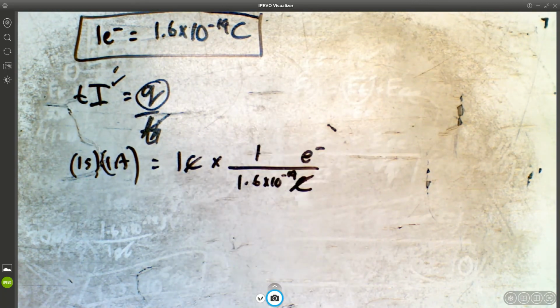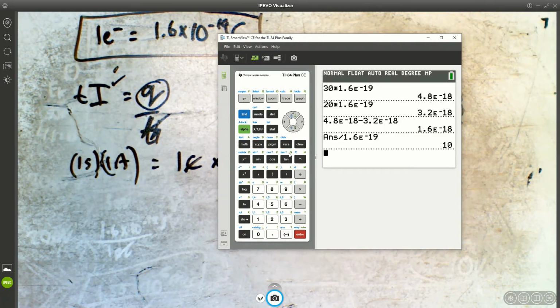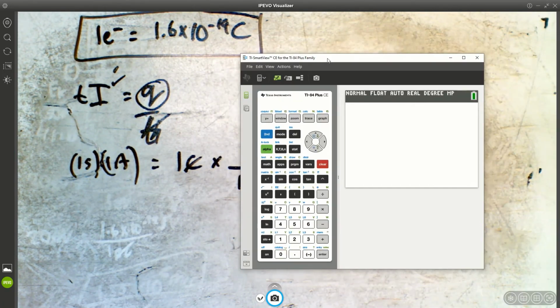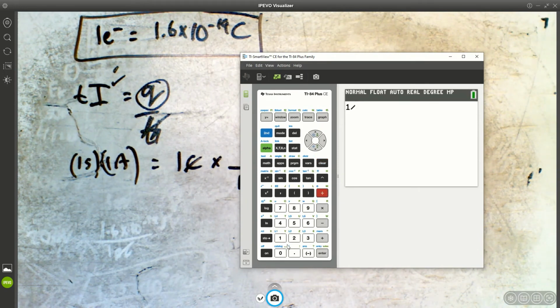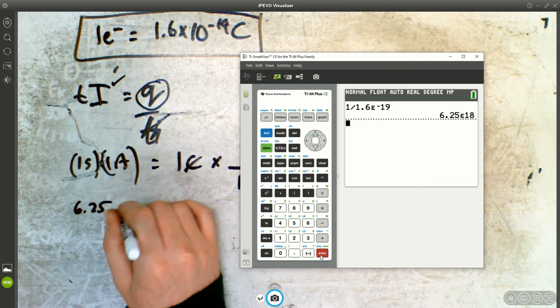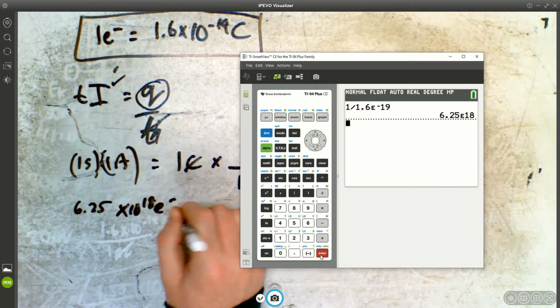We'll cancel that out. So it's 1 times 1 divided by 1.6 times 10 to the negative 19. So it ends up being a lot of electrons. It ends up being 6.25 times 10 to the 18 electrons.